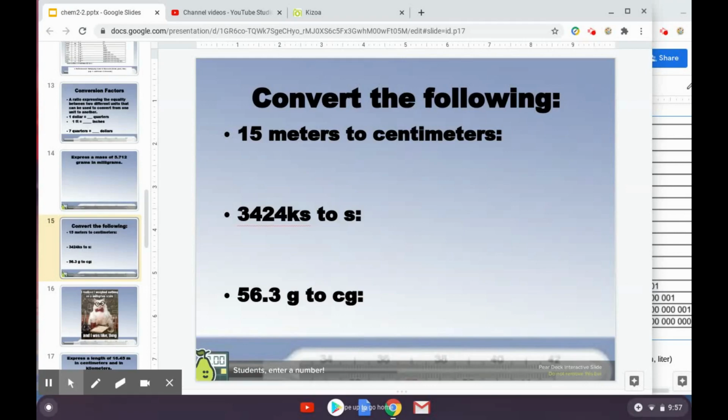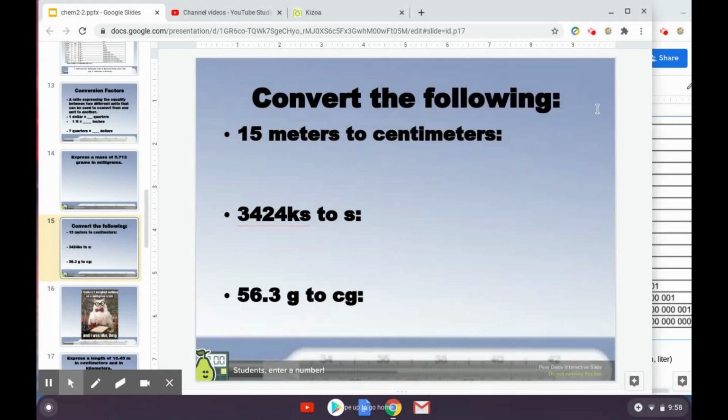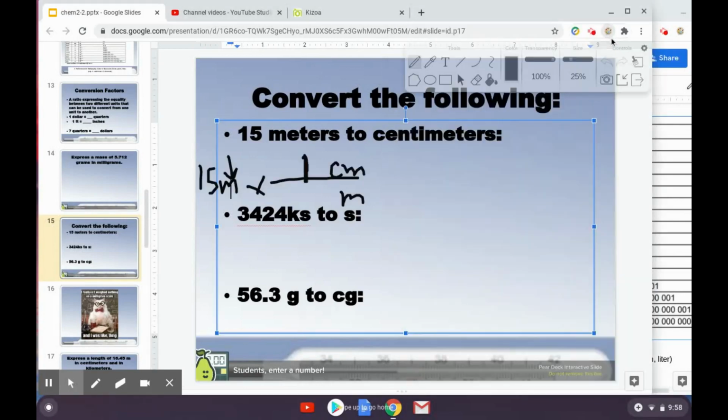Then we're going to come and look at our conversion chart. So our conversion chart says centi is equal to 0.01 meter. So we'll come back and continue on. So 0.01 meter.